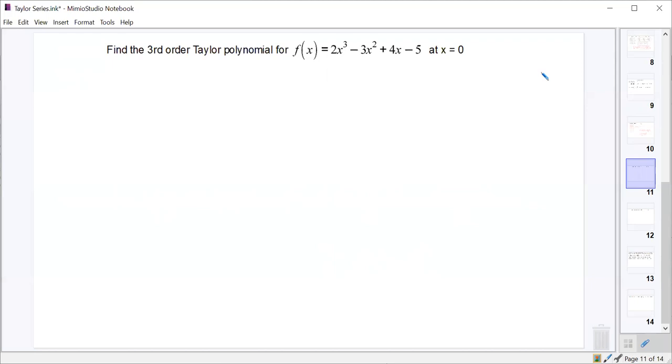What is f of 0? Should be -5, right? What about f prime of 0? What should that be? Should be 4. Yep.